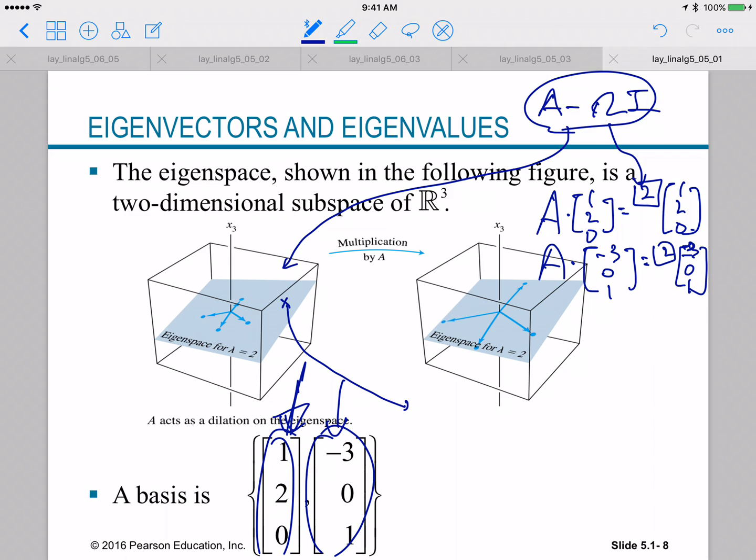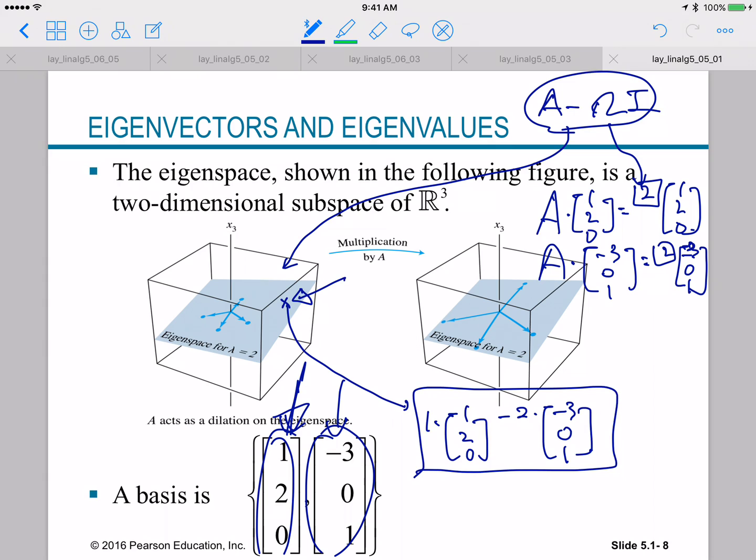Suppose that linear combination was maybe 1 times (1, 2, 0) and minus 2 times (-3, 0, 1). Suppose this chosen vector was represented as a linear combination of our basis vectors, because we chose this vector from our null space. Let's call this vector, for example, y. Then what will be the result of A times y?